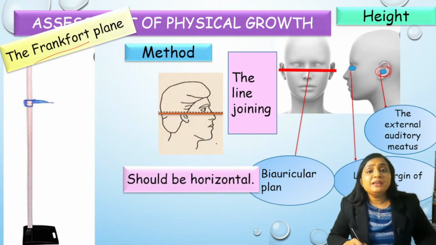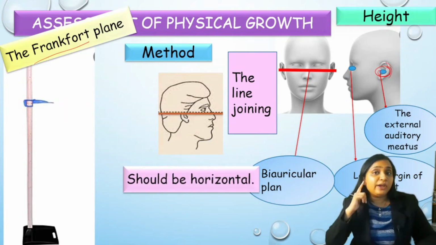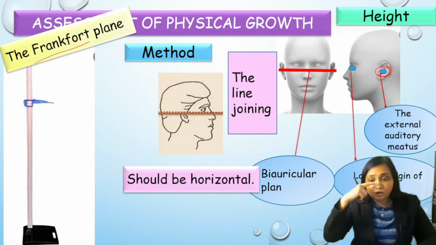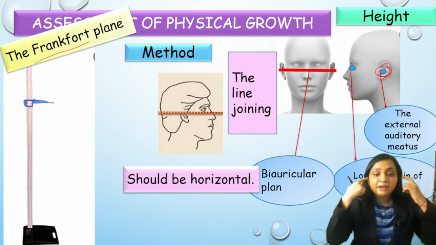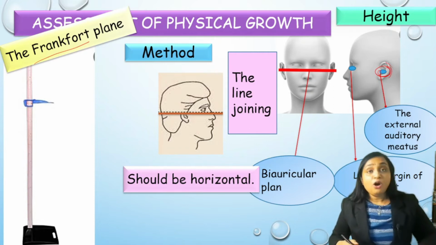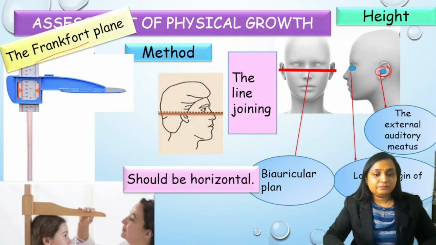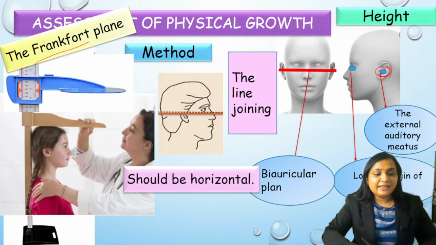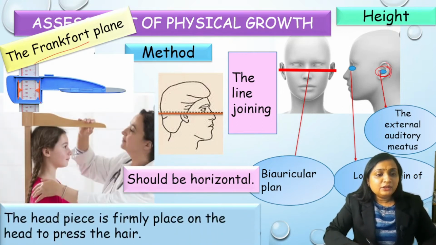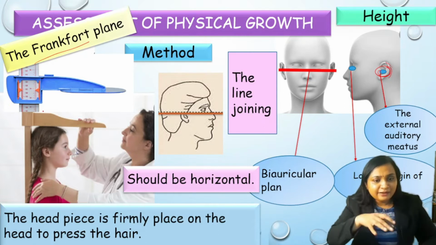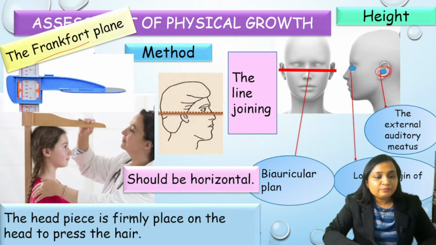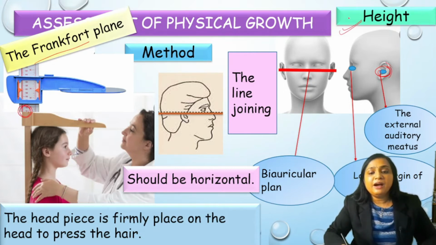It should be in a horizontal plane. So the external auditory meatus and the lower margin of the orbit should be horizontal while measuring the height, like this. And then the headpiece should be firmly placed on the head to press the hair. Now we have to take into consideration this number for the height.